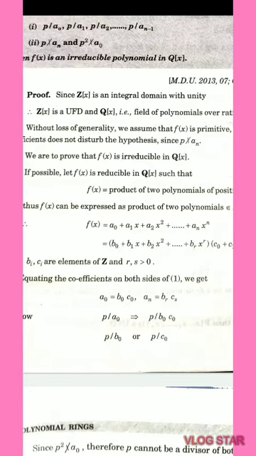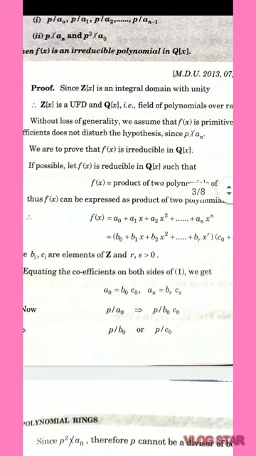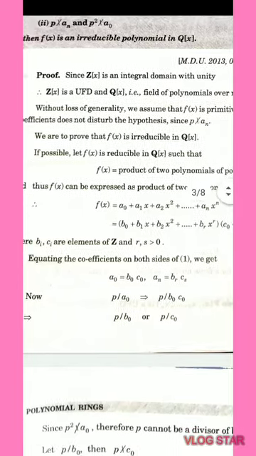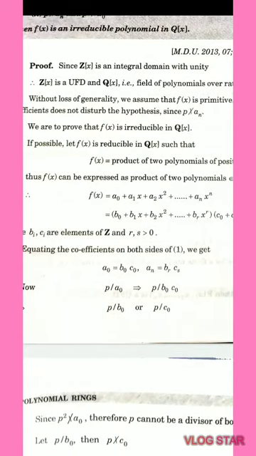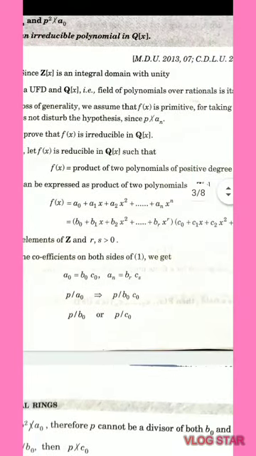Now let us assume that it is reducible in Q[x]. f(x) is equal to the product of two polynomials of positive degrees in Q[x]. If it is reducible, it will be the product of two polynomials of positive degree in Q[x], and thus f(x) can be expressed as a product of two polynomials belonging to Z[x].